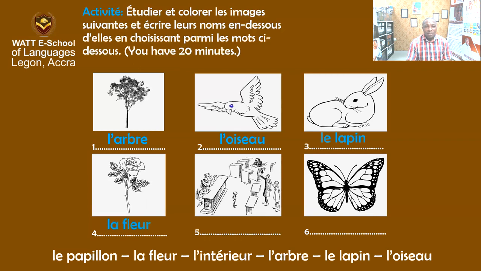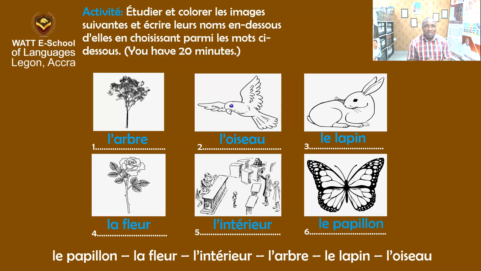It remains l'intérieur et le papillon. Obviously, they are inside an apartment. So they say l'intérieur. And the last one is le papillon. Le papillon, correct.